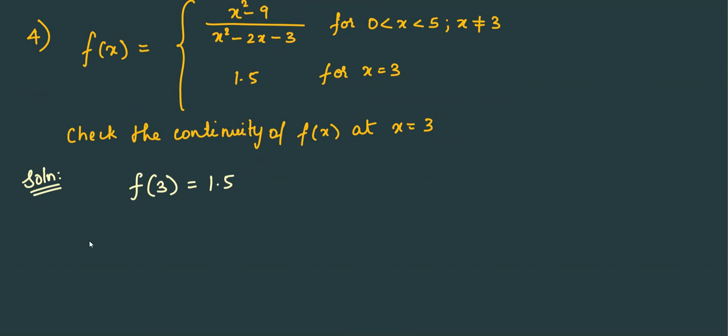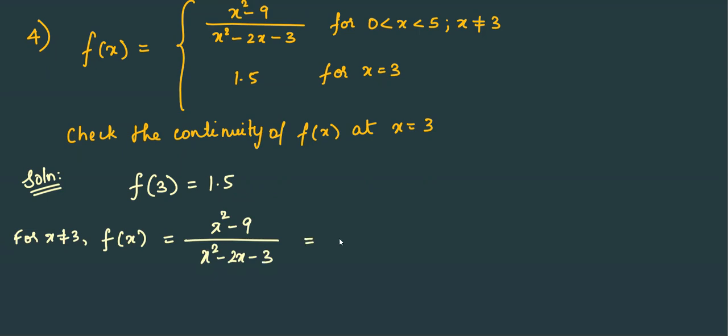Now, for x not equal to 3, f of x is x square minus 9 by x square minus 2x minus 3, which is x minus 3 into x plus 3 in the numerator, and the denominator will be x minus 3 into x plus 1.